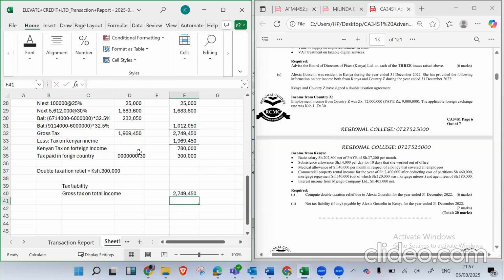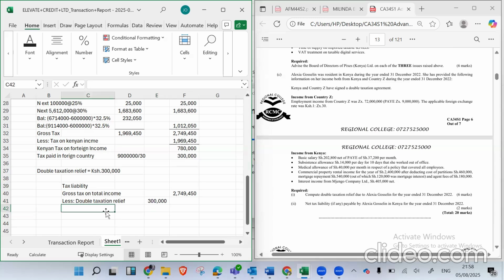So hiyo ni tax yenye unafaa ulipe kwa income yako yote yenye ume-earn. Then we come and ask ourselves, out of that amount, sasa mpe ile relief. So you less double taxation relief ambayo ni 300,000. I put it here.